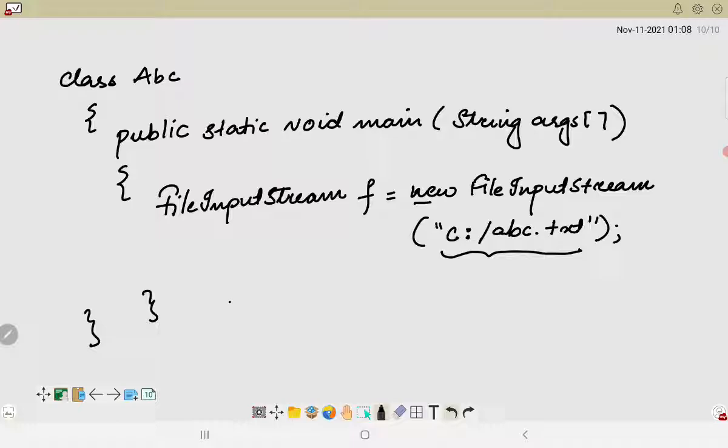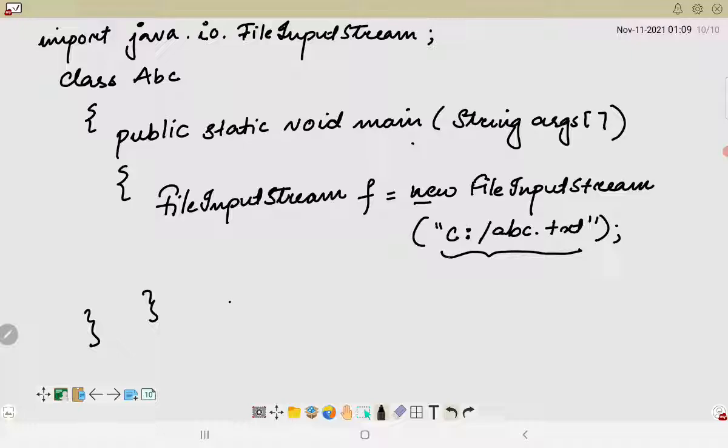For this program to get executed, I have to import a class under java.io, which is known as FileInputStream. So this is the program. I am creating an object which will read a file from this particular location.